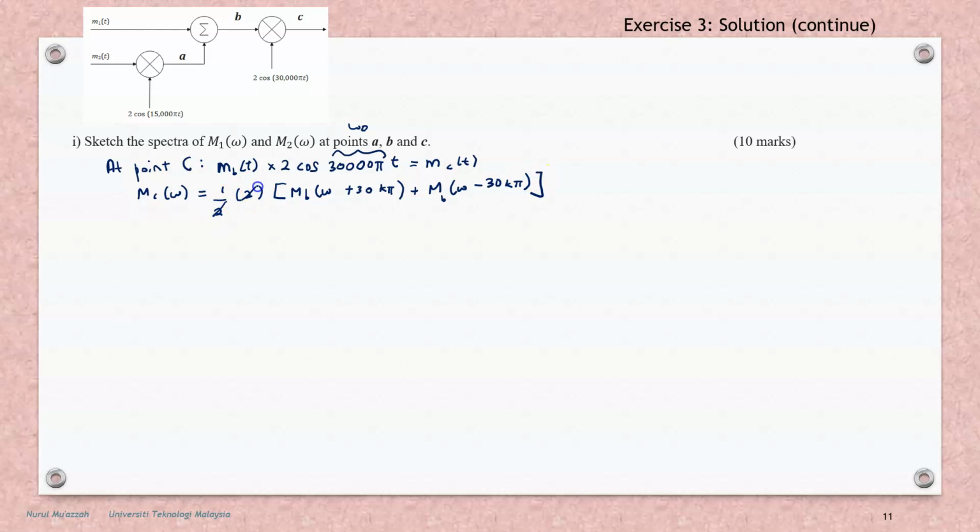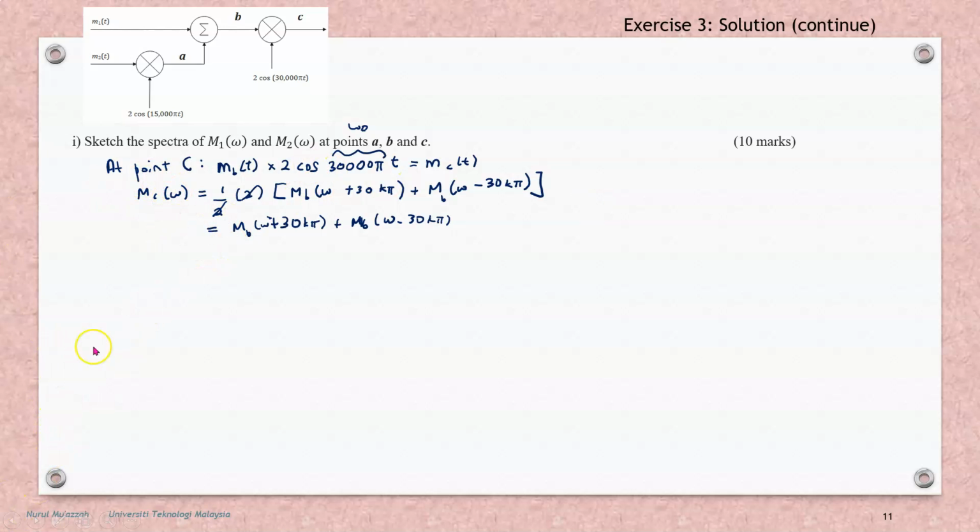So the 2 and 1 over 2 cancel out, and you will get M_B(omega plus 30k pi) plus M_B(omega minus 30k pi). Basically, you don't have to write the whole equation, because it will be long.